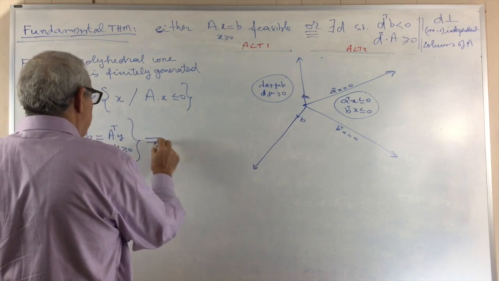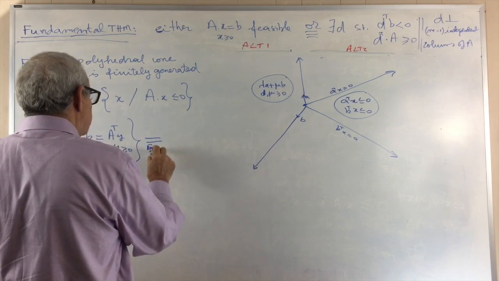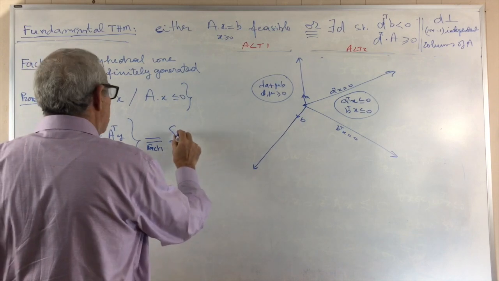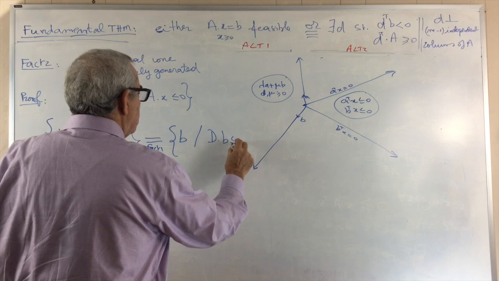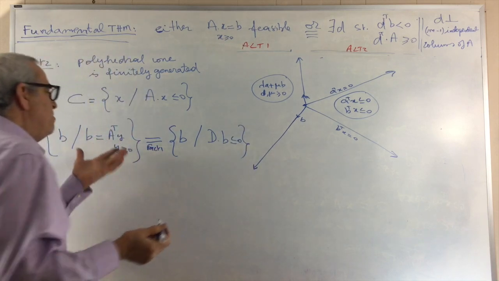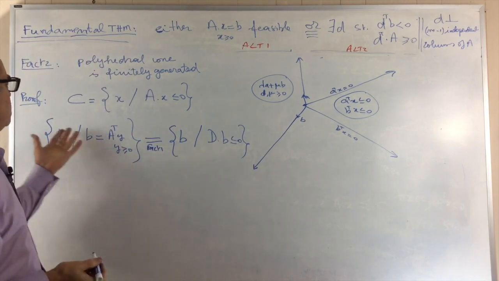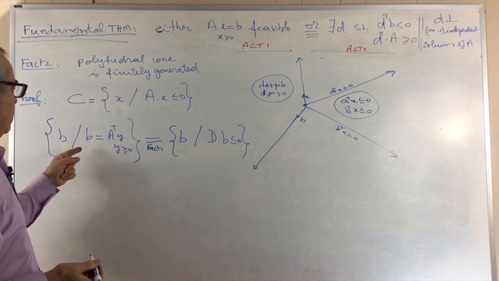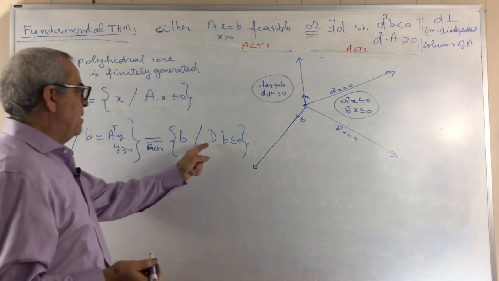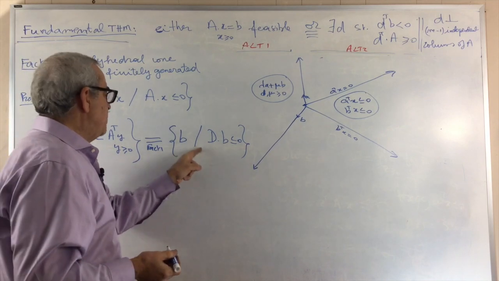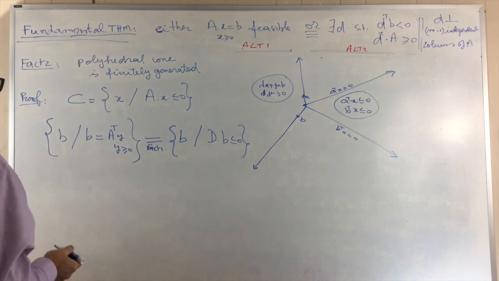So by fact 1, this is the set of all B such that D times B less or equal to 0 for some matrix D. We showed that in fact every finitely generated cone is polyhedral. That means it's defined by a system of linear inequalities. So this is true by fact 1.